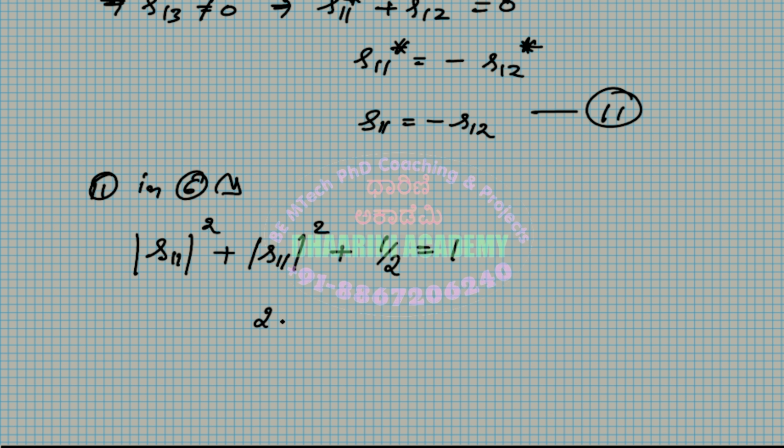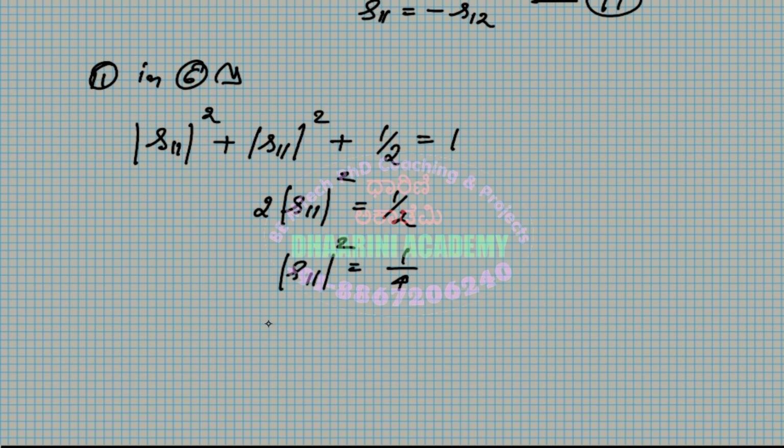Now let's calculate S11. So 2 times S11 squared is equal to 1 by 2. That implies what is S11 squared? 1 by 4. So what is S11? Square root of that, so 1 by 2.